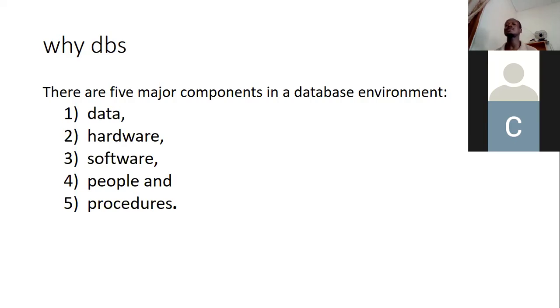If you remember, one of the definitions of GIS is that GIS is a database system. So no wonder the components of a database environment look like the components of a GIS. It's literally the same things you are talking about.